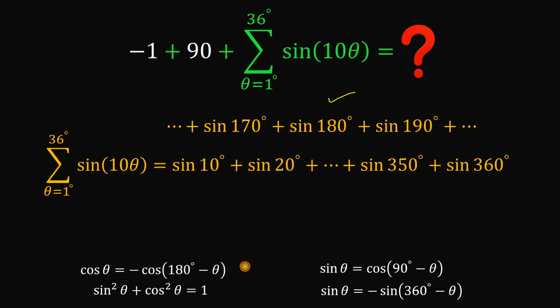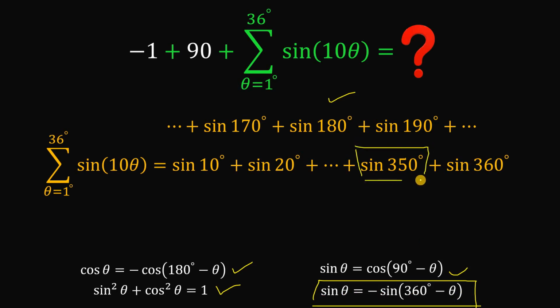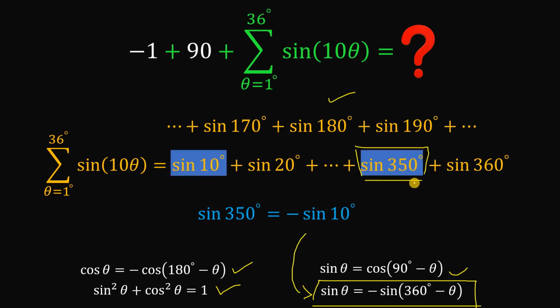And now, for the last time, we use the fourth hint. It says that sine theta equals negative sine of 360 degrees minus theta. So now, we can say that sine 350 degrees must be the same thing as negative sine 10 degrees using this identity. Therefore, if we add sine 10 degrees plus sine of 350 degrees, this is just 0.